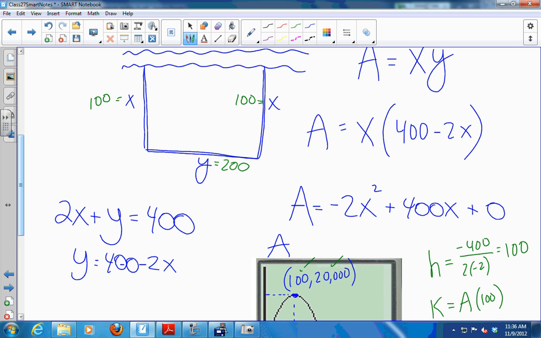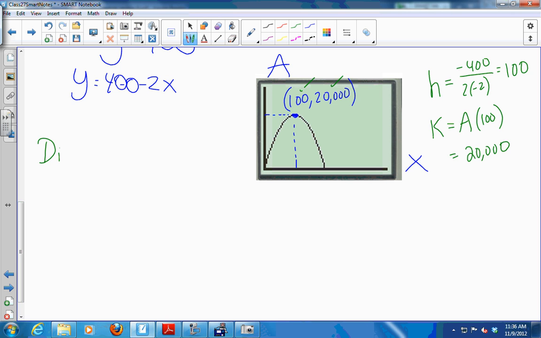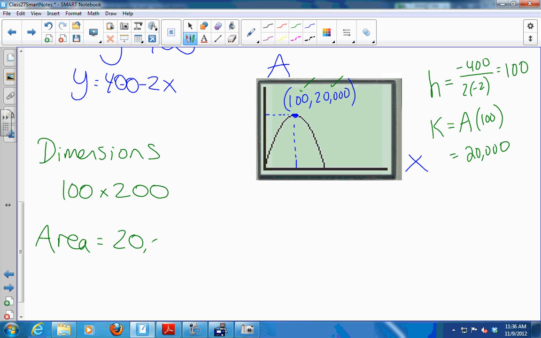And then my area would be 20,000. So this is the answer to the question.